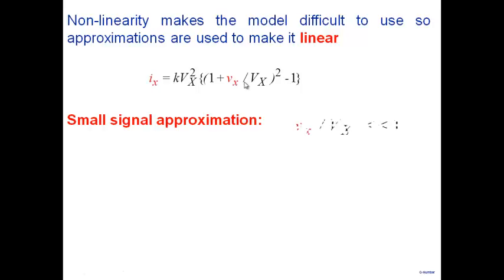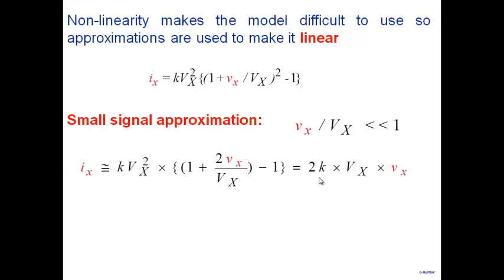If that is true, then it's very easy to simplify this into this particular form. All I do is I expand it and I ignore the quadratic term. If the value of the small Vx is small here, the quadratic term would be much smaller and I can neglect it. So we can approximate this by this particular expression. Now note, what is the relationship between small ix and small Vx?